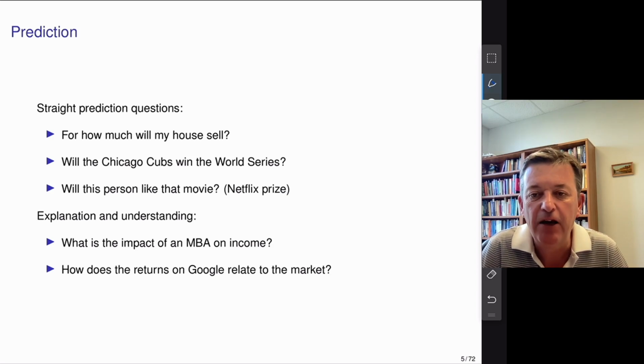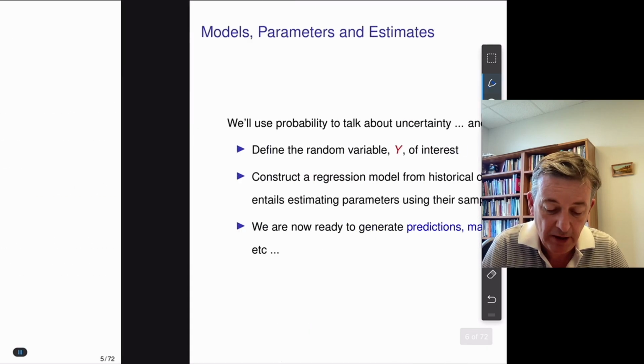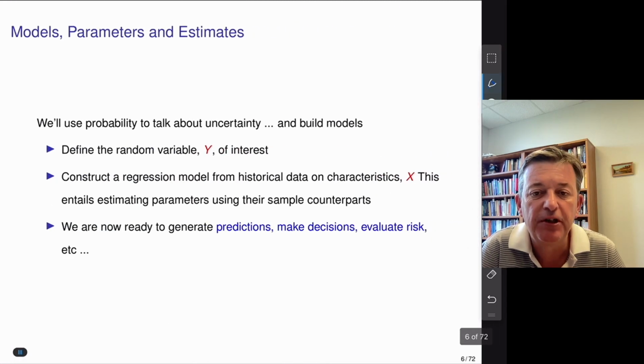A website, Kaggle, which is now owned by Google, has a whole bunch of data sets that people put out with leaderboards, and people publish their methods and algorithms for finding good out-of-sample predictive mean squared error. Okay, so many prediction problems.